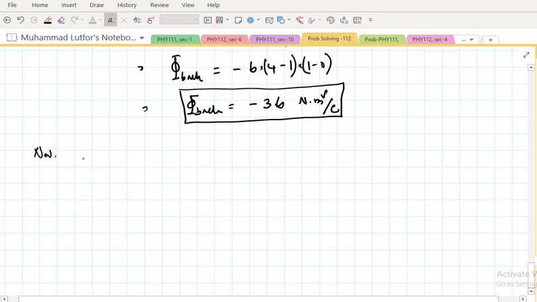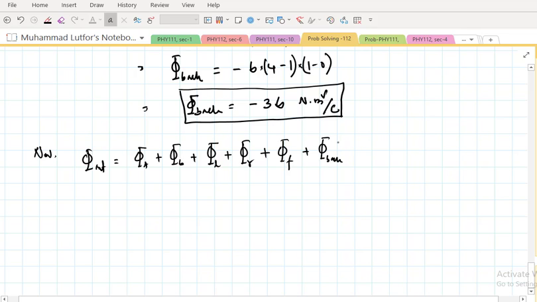Phi net, which is flux for top plus bottom plus left plus right plus front plus back, must be equal to 24.